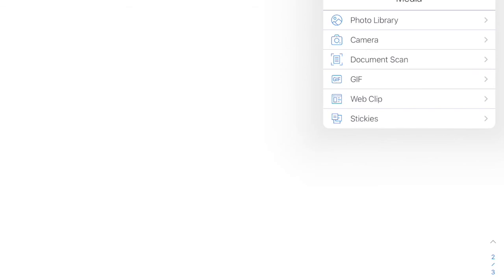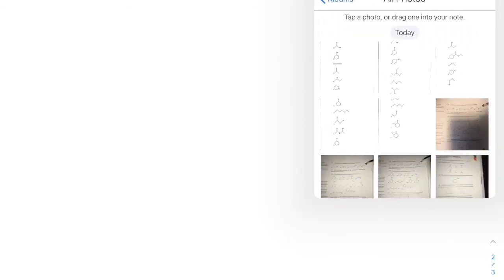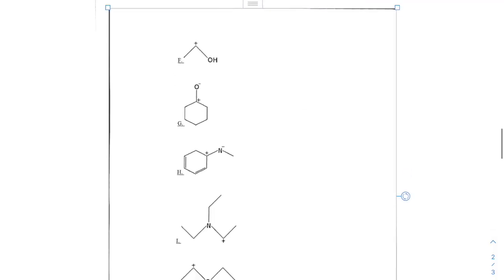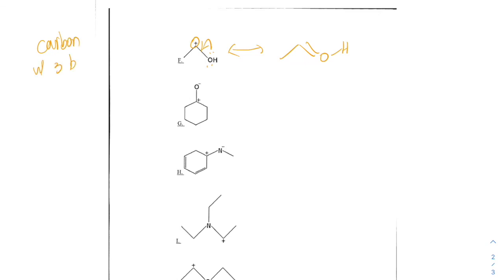Let's do the next one. Alright, so in this one we've got a positive charge, so that means a p orbital that's available to it for pi bonding, and we've got the oxygen here. So remember, whenever a carbon has 3 bonds, you move the arrow towards that direction if possible. Okay, this carbon has 3 bonds.